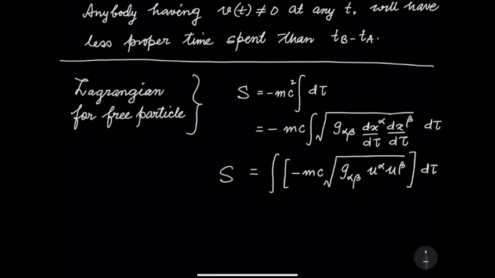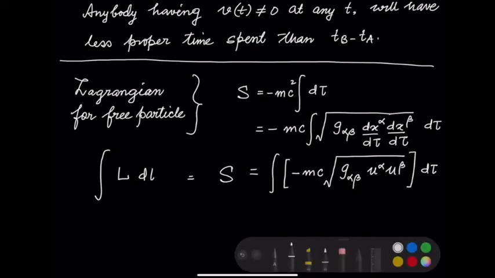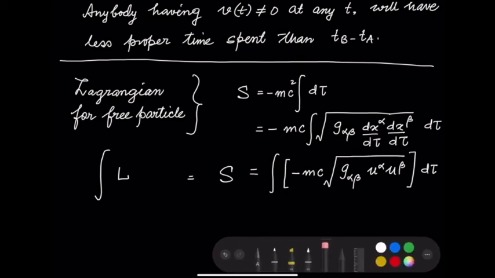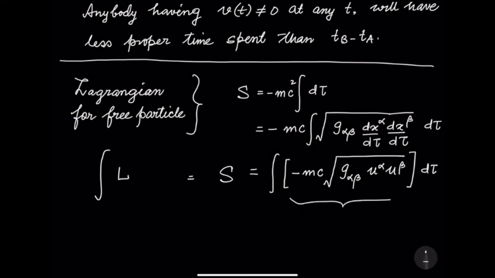So this is the action, and the action we know, if I want to write it in terms of the Lagrangian, is of the form L dt. Here what we have done is we have found out an action, found out an L, which will be this entire thing, which is Lorentz invariant.